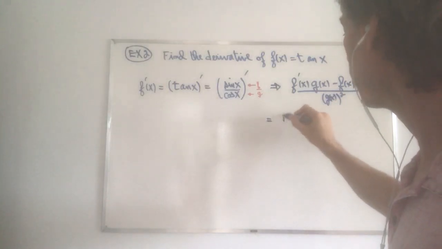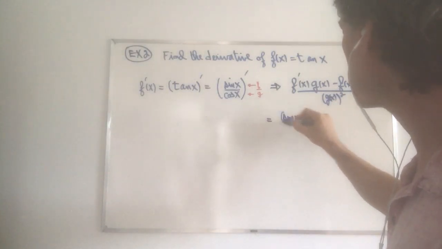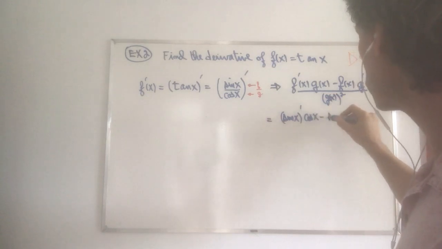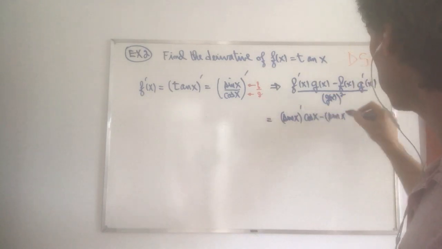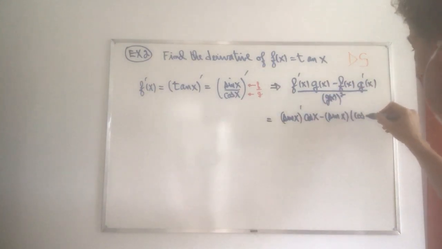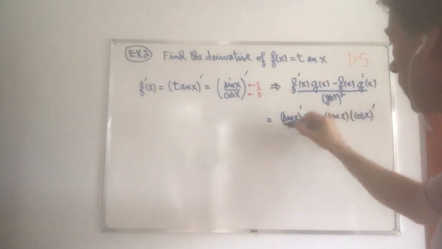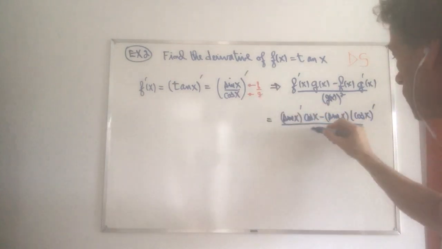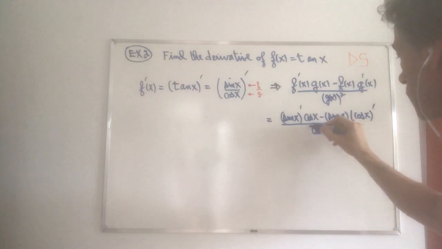So what is that? F is sine, g is cos. And then we reverse. The prime will not go to the sine, but it will go to the cos. And that is over g squared. G is the bottom, cos, so cos squared.